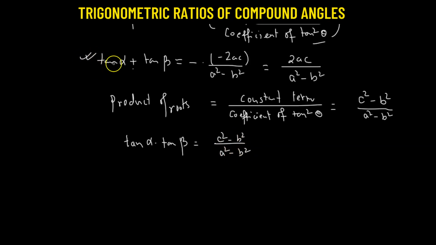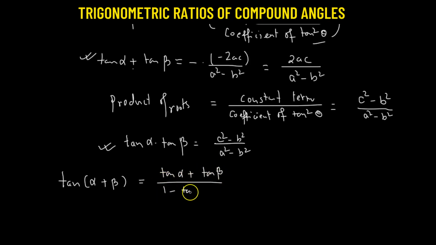Now we have tangent alpha plus tangent beta as well as tangent alpha times tangent beta. So we can come to tangent of alpha plus beta, which I've already defined at the beginning of the problem. That's tangent of alpha plus tangent of beta, whole divided by 1 minus tangent of alpha times tangent of beta. So we'll substitute these two values. The numerator gets replaced with 2ac over a squared minus b squared.